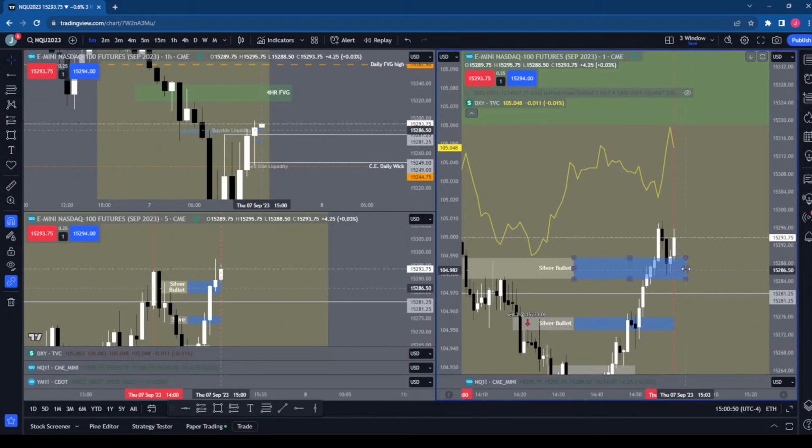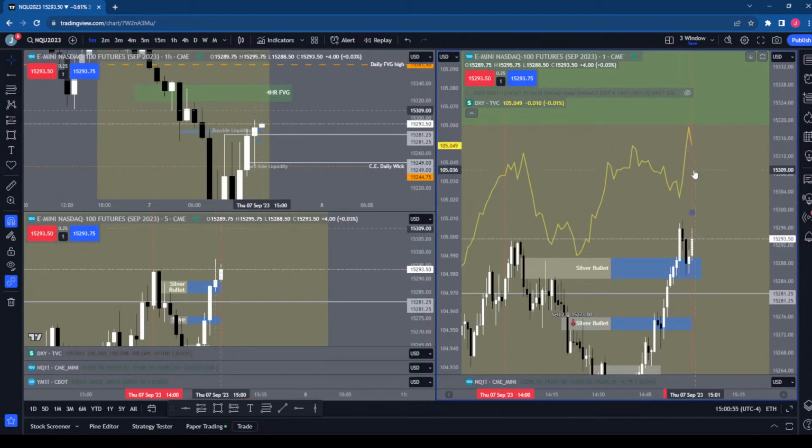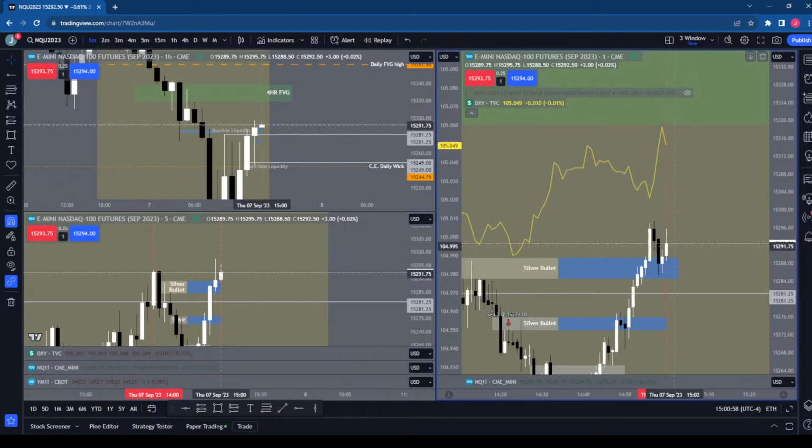We expected the consequent encroachment of this inversion fair value gap. Dollar seems to be curling.